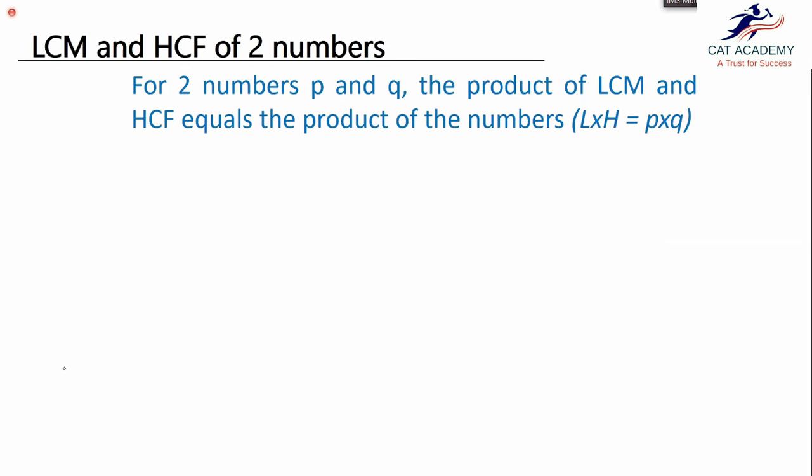So for any two numbers P and Q, the product of LCM and HCF equals the product of the numbers. L into H equals the product of the numbers, meaning P and Q, the numbers. Their product is equal to their LCM into their HCF.